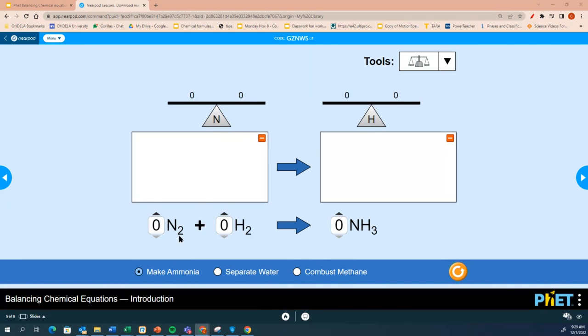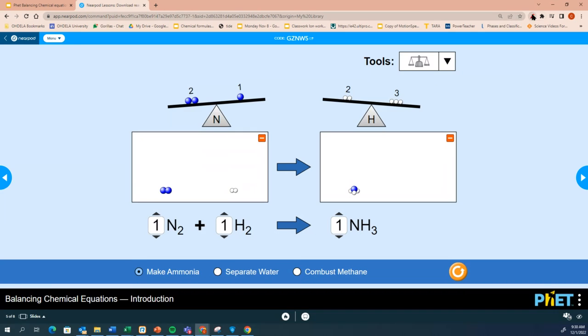First off, it's a reaction where we're going to make ammonia, I'm sorry, from nitrogen and hydrogen. This is covalently bonded, so we do have to put a 1 in here to start us off. So if you'll do that. Now notice there's a balance of nitrogen.